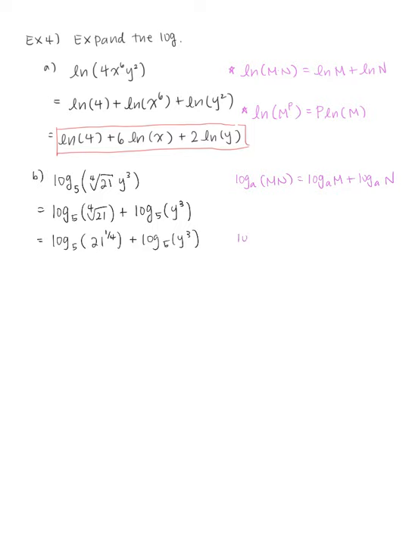If I have a log base a of m to the p, this is p times log base a of m. So let's bring that exponent out in the front of the log to get 1/4 log base 5 of 21, and then plus 3 times the log base 5 of y. And that's it.